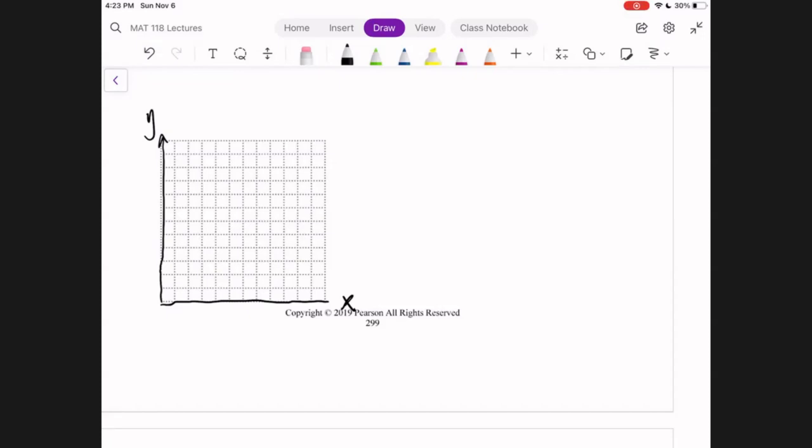So for the first line, let's count by twos: 2, 4, 6, 8, 10, 12, 14, 16, 18, 20, 22, 24. Then 2, 4, 6, 8, 10, 12, 14, 16, 18, 20, 22, 24. All right.